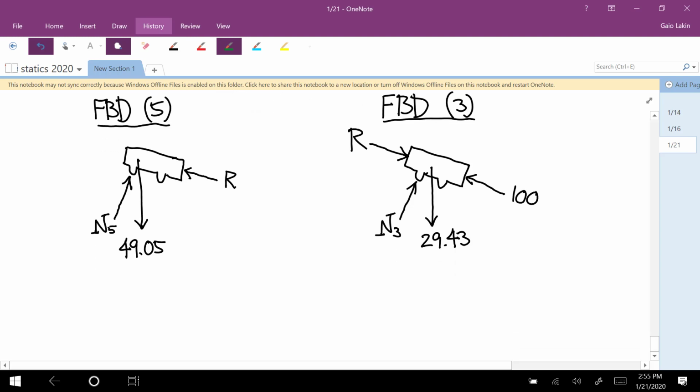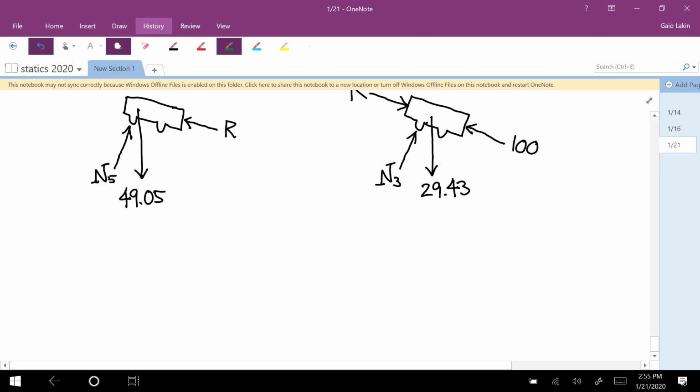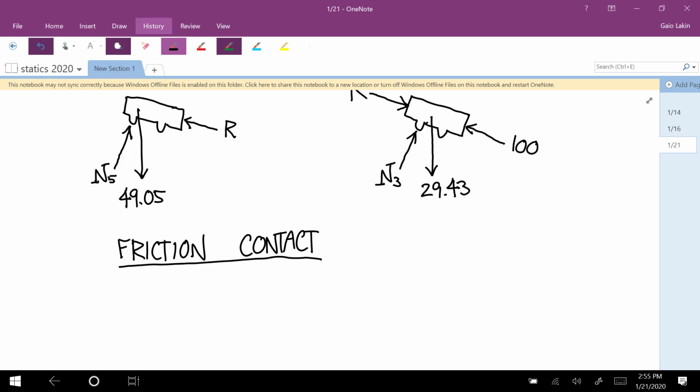Okay, and the last one is friction contact. So this is a pushing contact, but you also have friction. And in physics, when you dealt with friction, you did stuff where you have a coefficient of friction and you calculate the normal force, and then you use the normal force to figure out the friction.